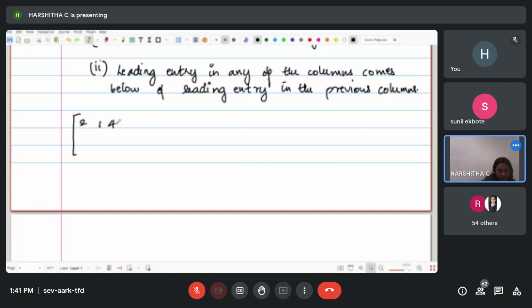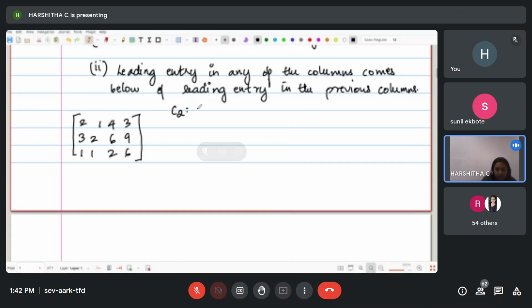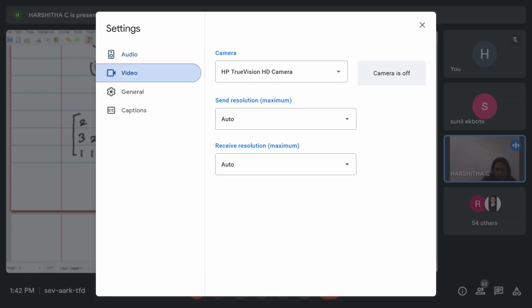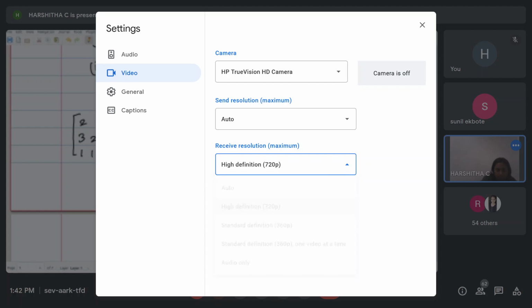What we'll do is take the second column and subtract the first column, C2 minus C1, so this becomes 2, 3, 1.